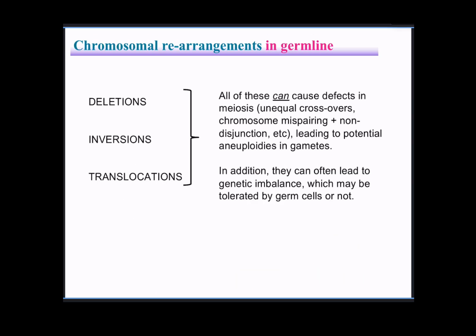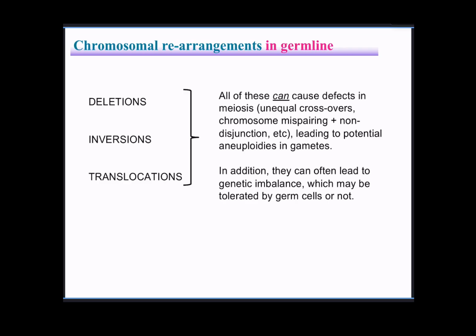So quickly, what's the consequence of deletions, inversions, translocations? When you think about it, except for deletions that may take a chunk of sequence out of the genome, in general, all of these can lead to genetic imbalance, but sometimes they don't.